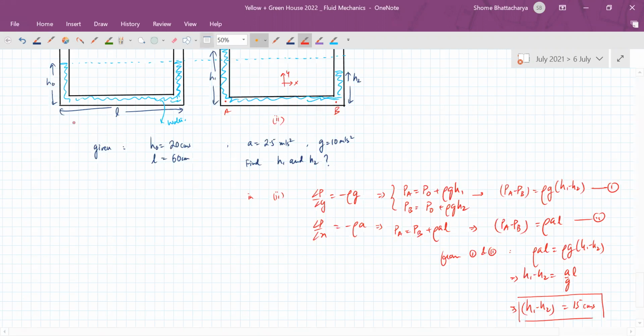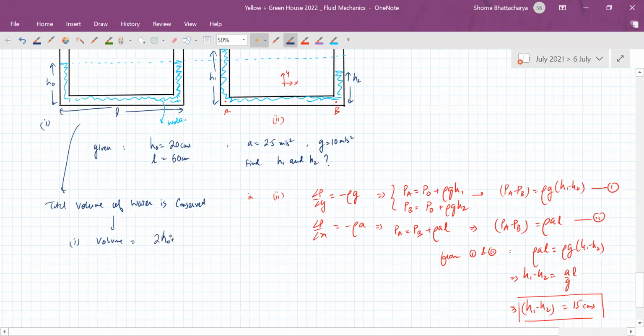Now also there will be conservation of volume. Between diagram 1 and diagram 2, total volume of water is conserved. In diagram 1, the volume is equal to (2h0 plus L) into some cross-sectional area.